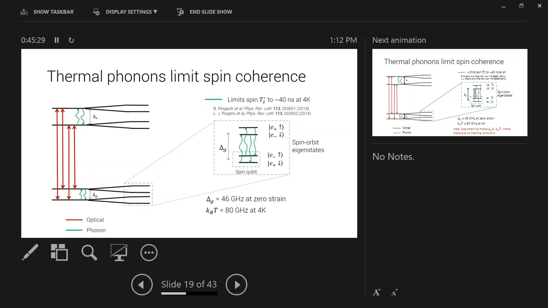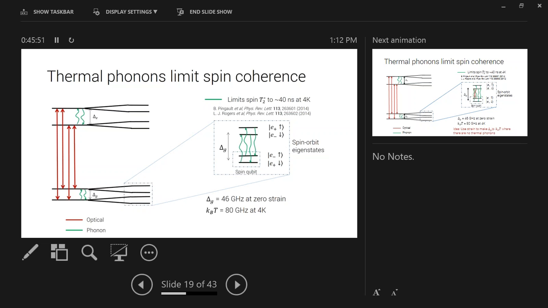If you go back to this picture that I showed earlier, when you apply a magnetic field, you have each of these levels split into two, okay? And if you just zoom into the ground state manifold, which is what I've shown here, in addition to these two nice spin qubits that you have on each of the orbital branches, now you have a phonon process.